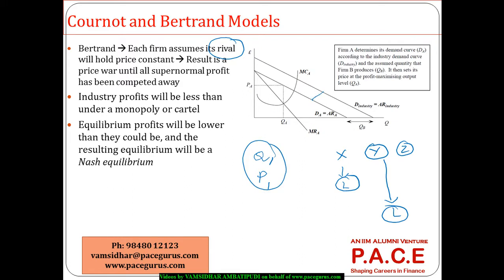That's the reason I am setting the industry demand and my firm's demand as parallel. So the gap is the demand that is associated with my competitor. Okay, so this is firm A's demand curve, which means this is the marginal revenue curve. So traditionally firm A will produce QA quantity and set a price PA.